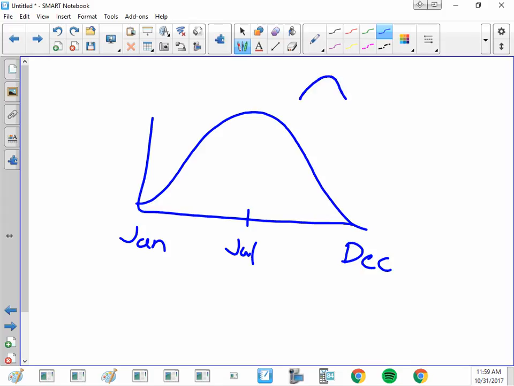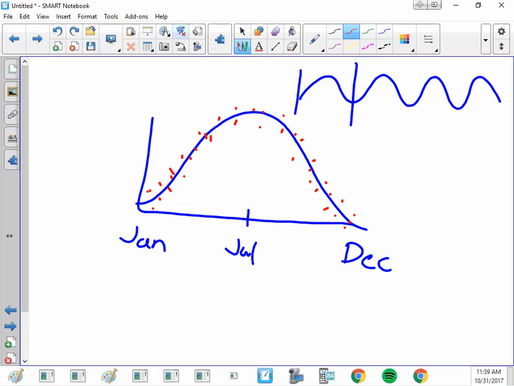The temperature goes like this throughout the year, right? But we're just going to look at one year. So the points are probably like this, and if we just look at June and we graph it, it's going to look like that.